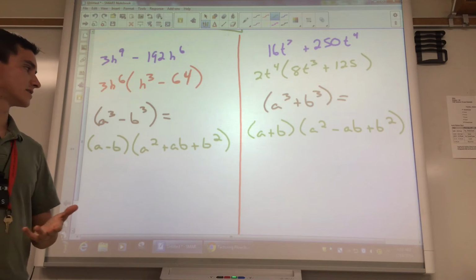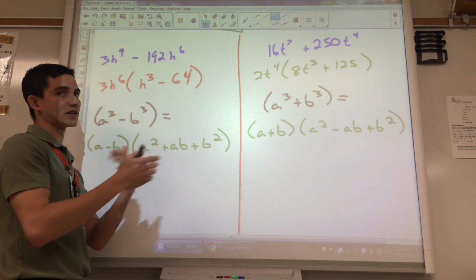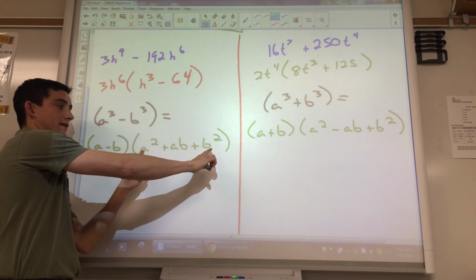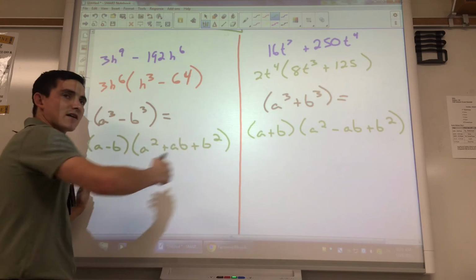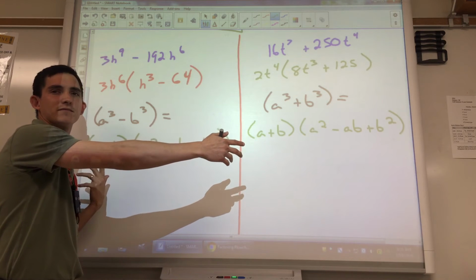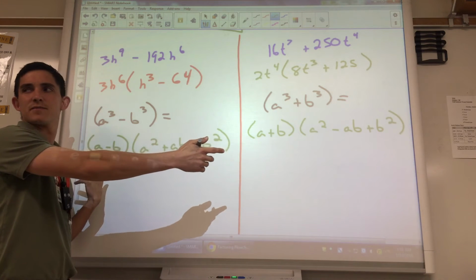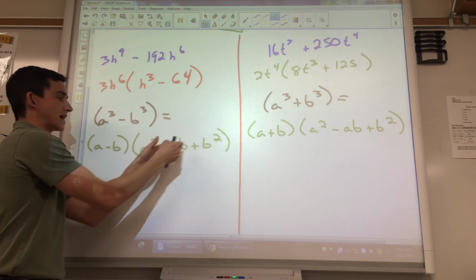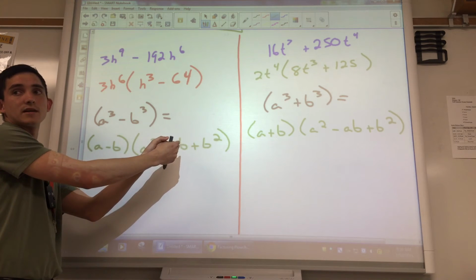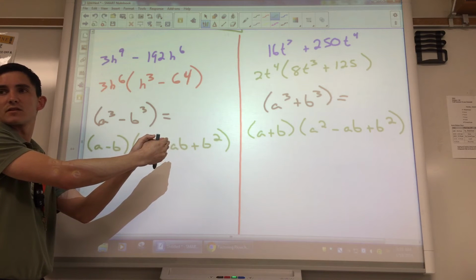And it's also very easy to remember between a cubed and b cubed, and between the squareds, you just have an a b. So that part's not very difficult to remember. Do y'all agree? It's just a squared, b squared, and in between you have a times b. Okay, we're good there?